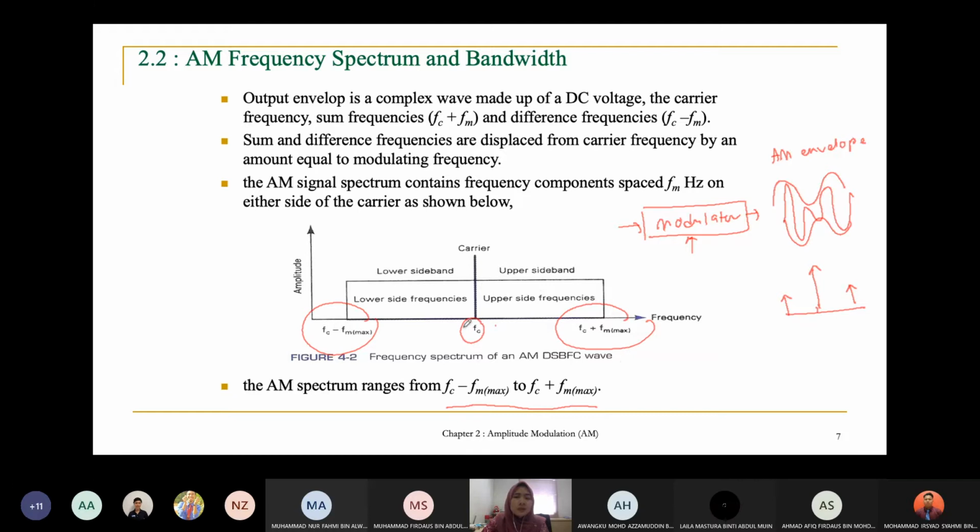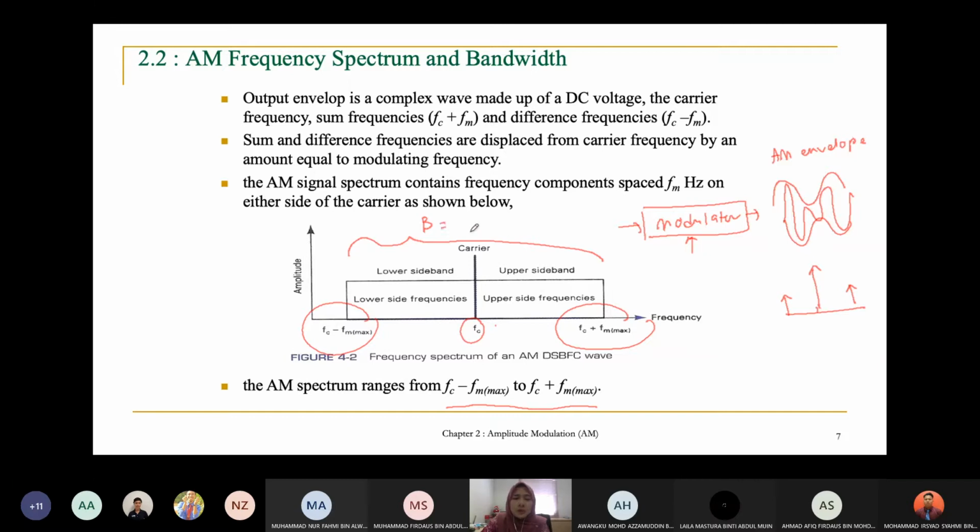From here you can know the value of the bandwidth. The bandwidth is basically the range from this point until here.